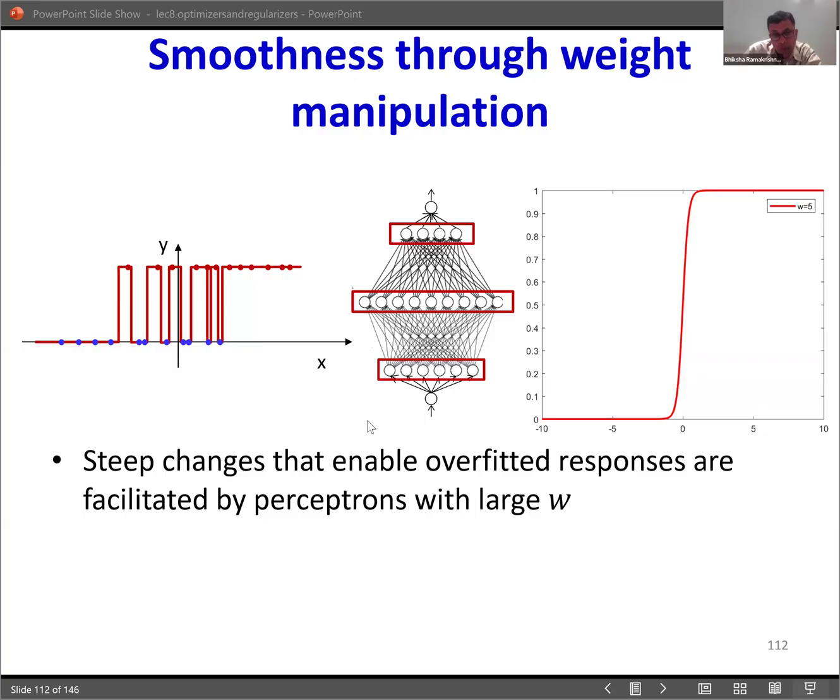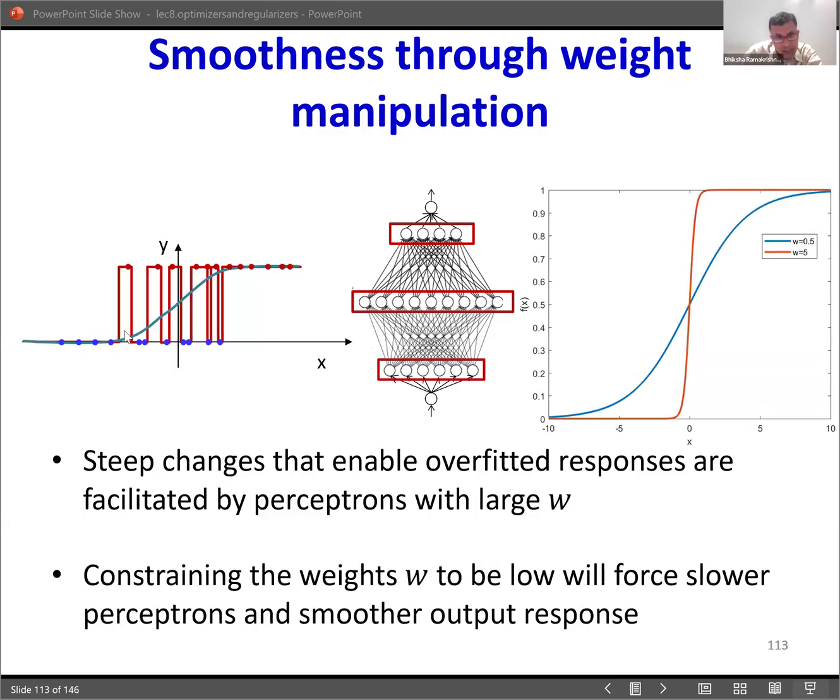So how would we ensure that it's this function you learn and not the crazy red curve? How would you ensure that? Anybody? Prevent the magnitude of W from becoming too big, right? You want to constrain the weights to be low, which will force slower perceptrons and smoother output response.